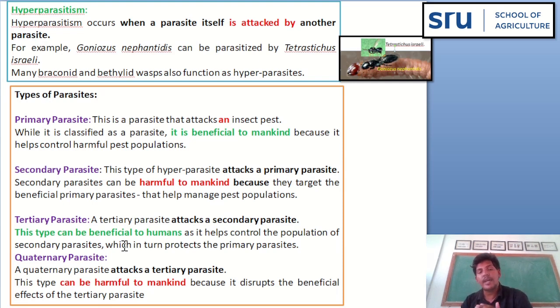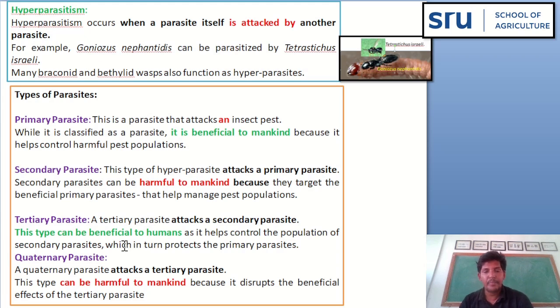Secondary parasites attack primary parasites, which are useful to human beings, therefore secondary parasites are harmful to mankind. Tertiary parasites attack secondary parasites, therefore they are useful to humankind.